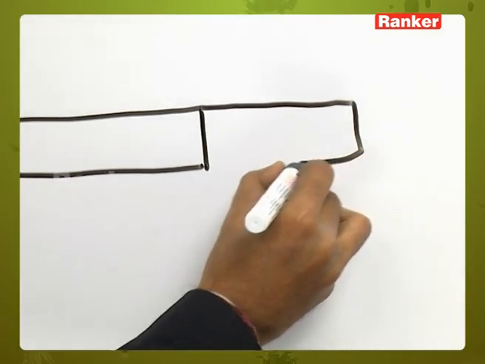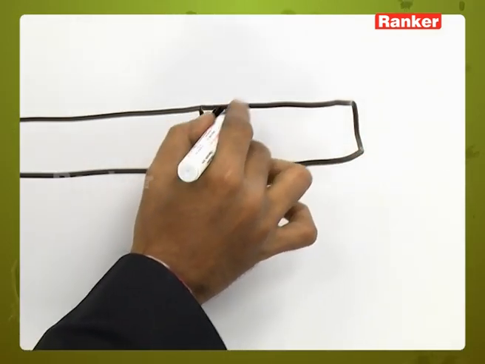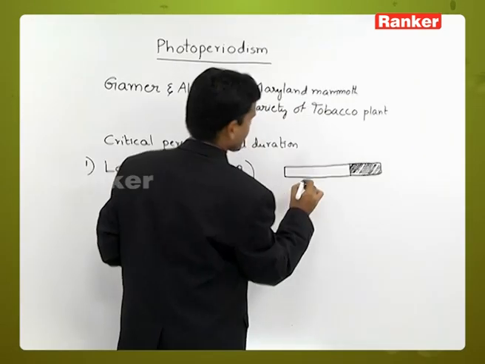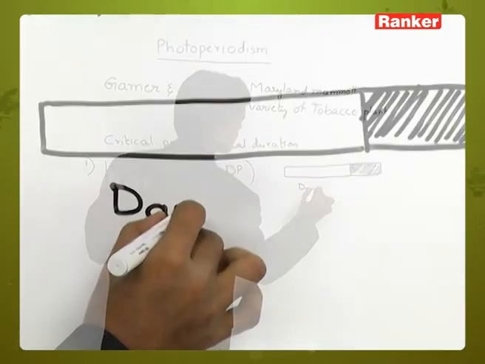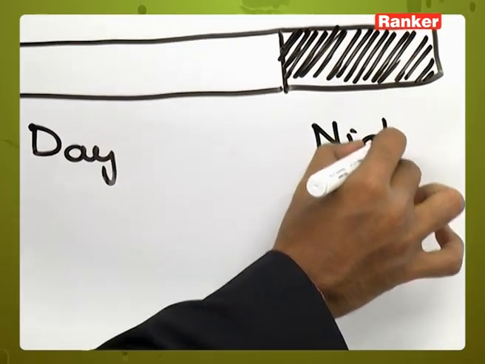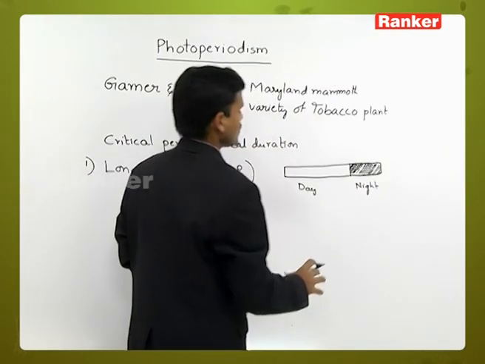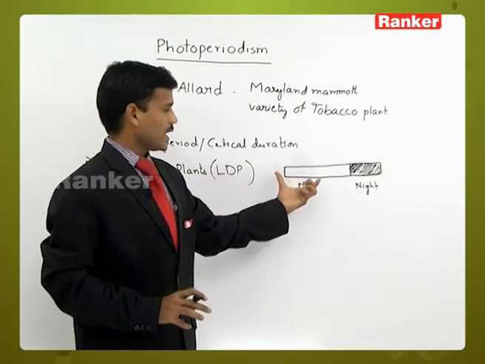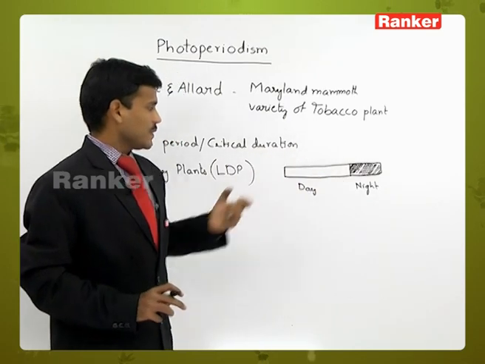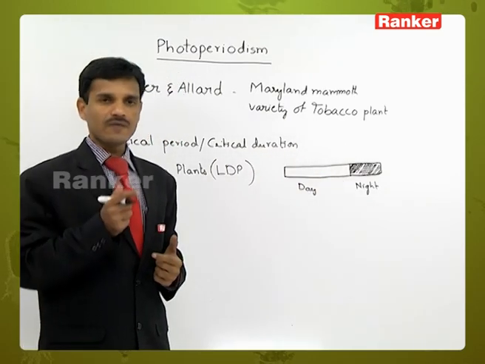Here there is the day period, or daytime, and the dark period, or night time. Some plants require more light period or day period, and the light period induces the flowering.